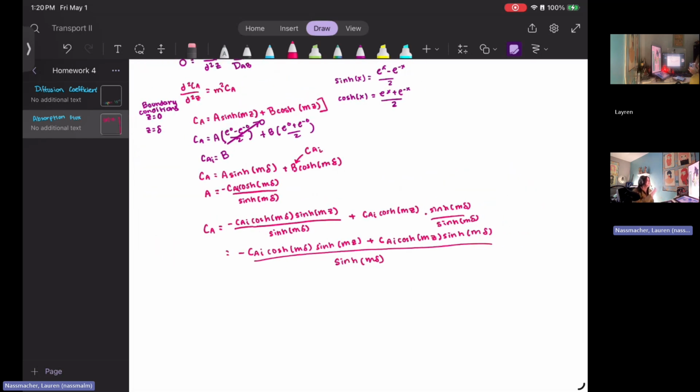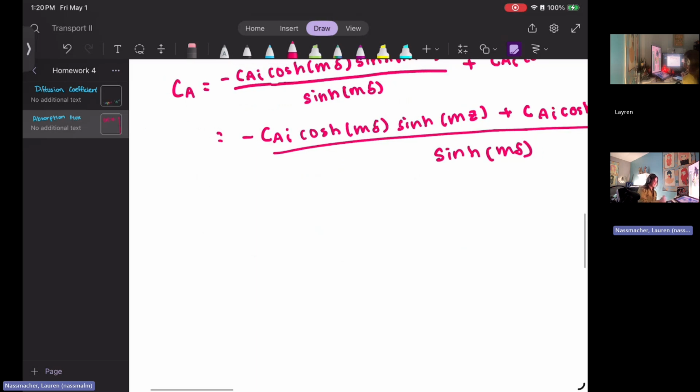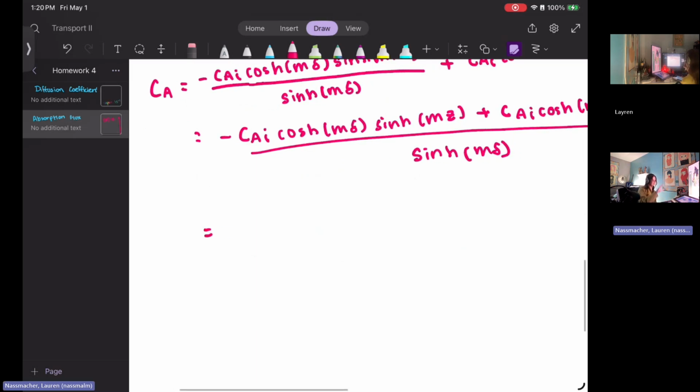Now there are identities that you can discover in order to simplify this down even further. Those are online. What I'm trying to say is there are identities for certain hyperbolic cosine and sine combinations. And for this one, we can translate this equation we just derived into something that looks a little more like this.